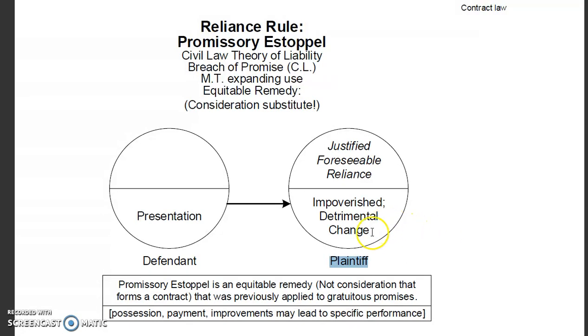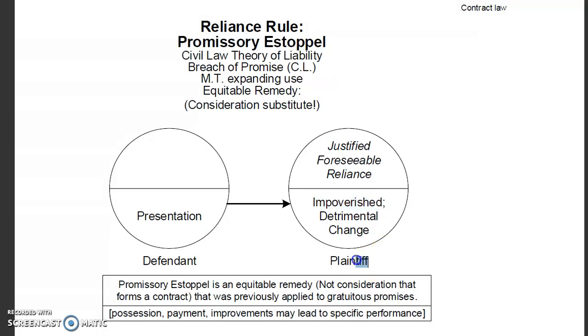So for the reasons of having to repaint the shed, the builder has now encountered a detrimental change in his position as far as the use and the cost of the two types of paints, and has therefore been impoverished by this double painting situation.